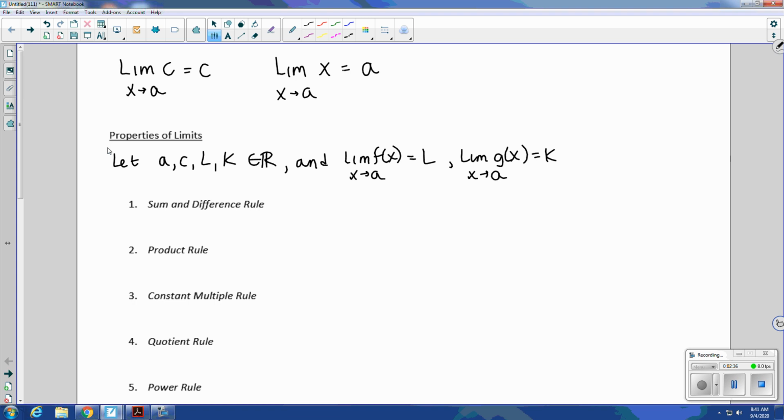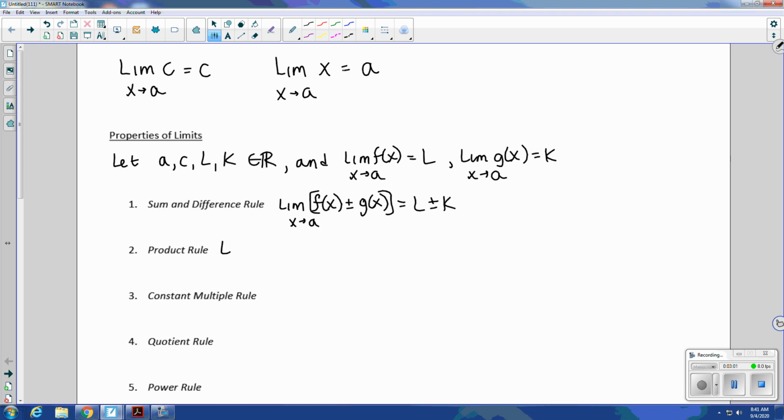Now, first rule, sum and difference rule. If we have the limit of two functions that are being added or subtracted as x approaches some value, then the value of the limit of that sum or difference is just equal to the sum or difference of the limits as if we treated them individually.